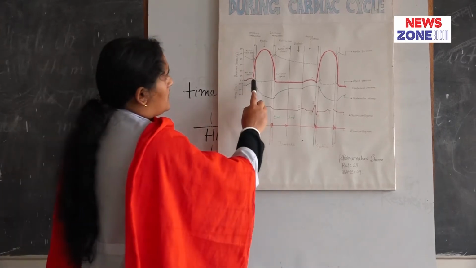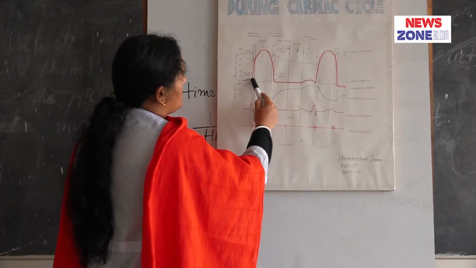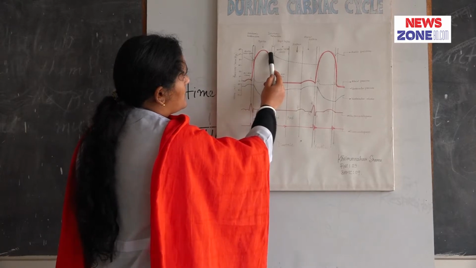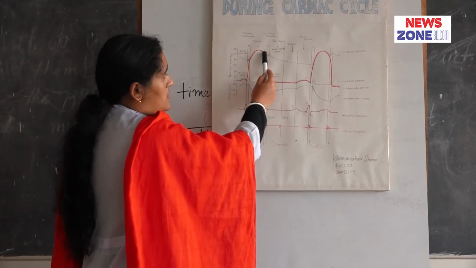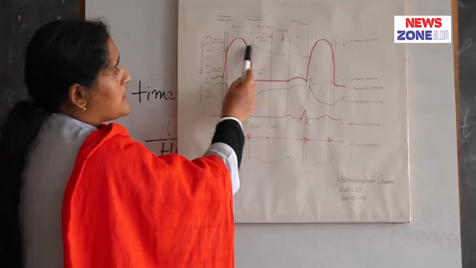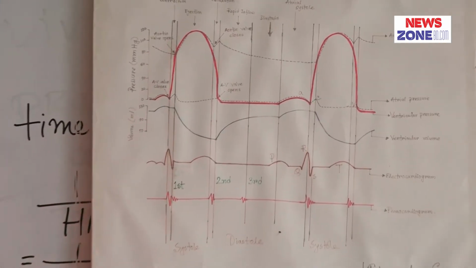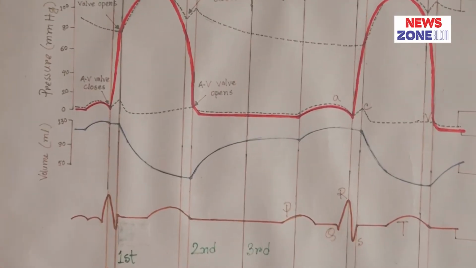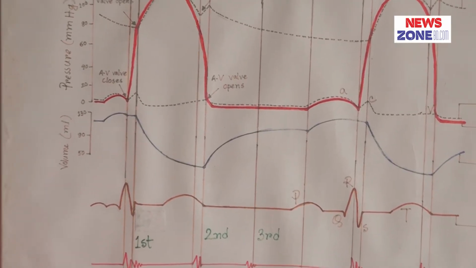On this pressure curve, from here to here is ventricular systole and from here to here is ventricular diastole. Previously I told the events of cardiac cycle, ventricular systole and diastole.